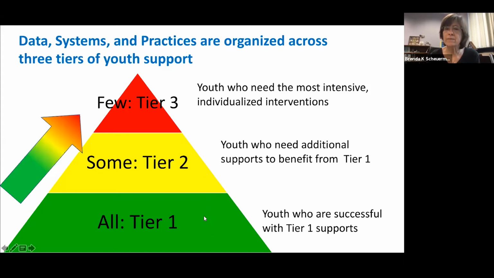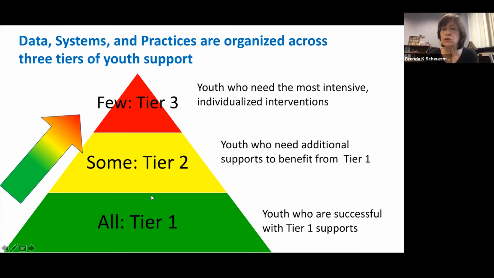If we emphasize Tier 1, we still meet the needs of most of the youth in that setting. Some youth will still need Tier 2 supports, and a few will still need our most intensive, most individualized, most long-term supports.